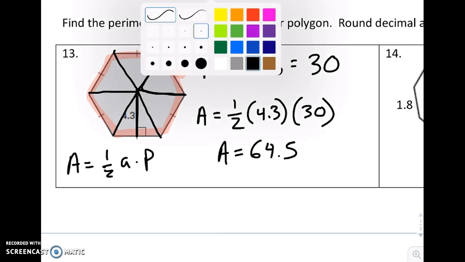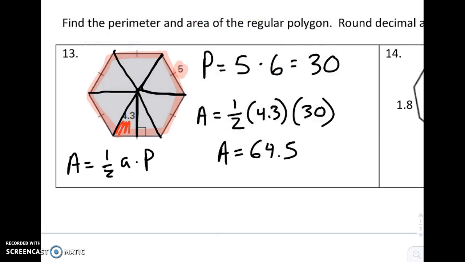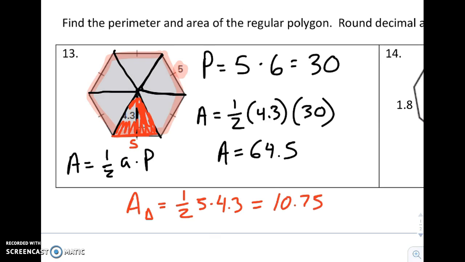Now this is one method to do it. The other method would be to look at just this triangle right here and find the area of that. So find the area of the triangle, that's 1/2 base, which we know is 5, times the height, which is 4.3. And so it's 0.5 times 5 times 4.3. The area of one triangle is 10.75.